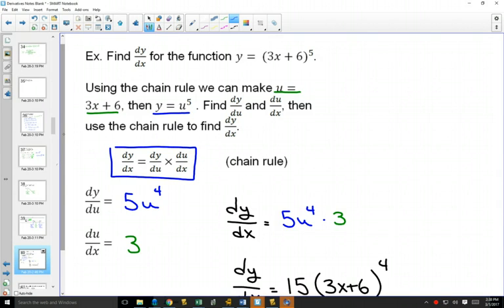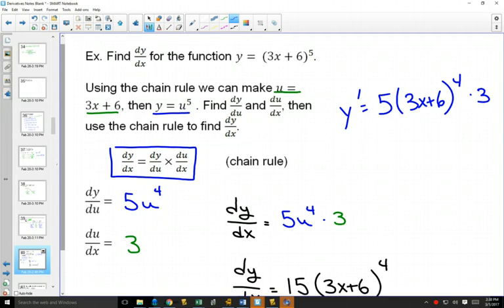So if that's my first thing, that's what I'm going to do. I'm going to bring that 5 out in front, keep the inside the same, and now I've done the derivative of the outside function. Then I have to multiply by the derivative of my inside function, while the derivative of 3x plus 6 is just 3, and boom, you get your answer right away without a bunch of extra substitutions that you won't need.